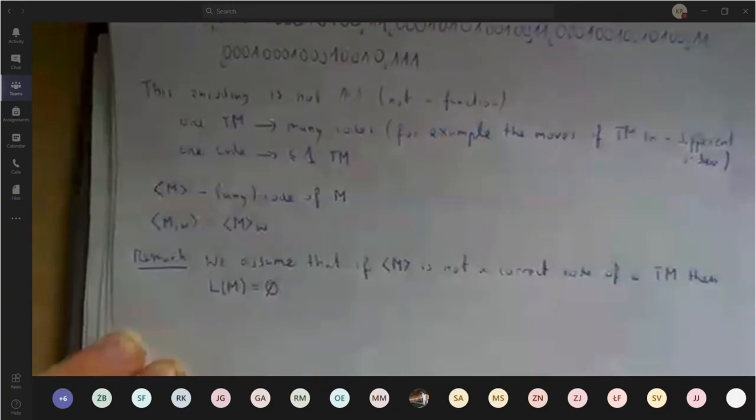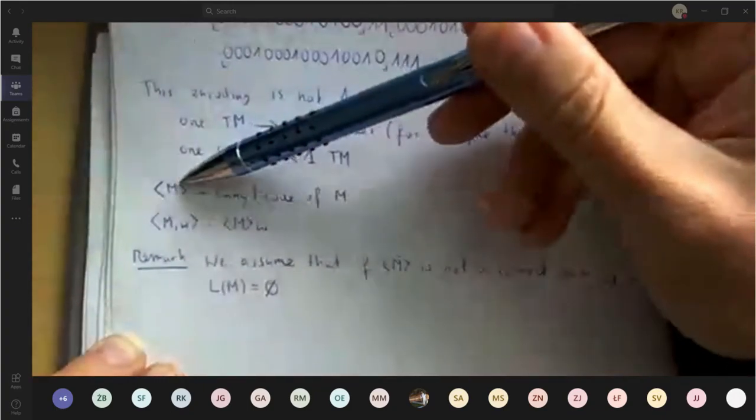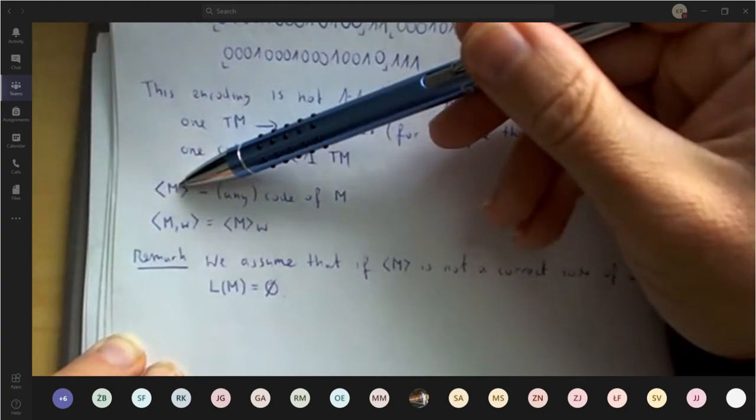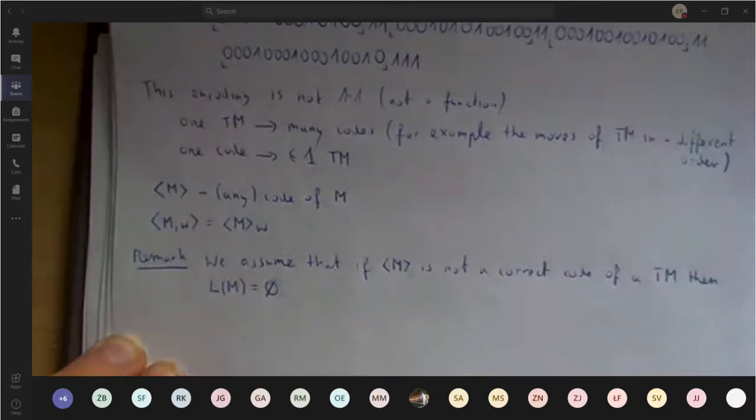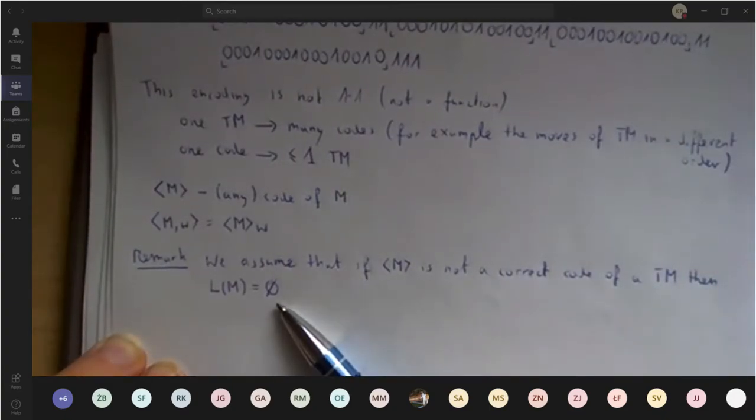From now on, we will consider any string as a code of a Turing machine, but only some of them are correct Turing machines and they accept non-empty language. All the others are accepting empty language. Okay, so this is the encoding of Turing machine.